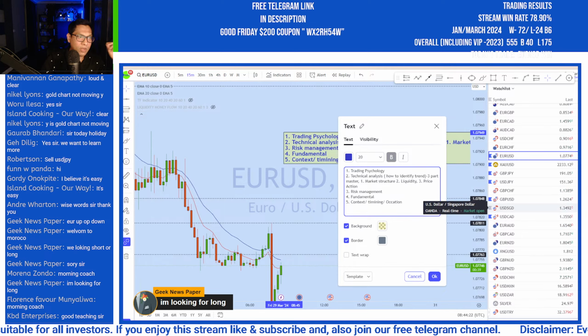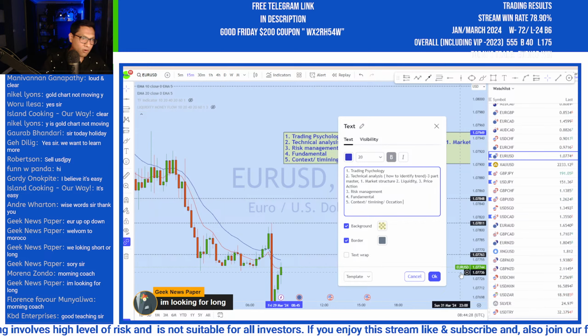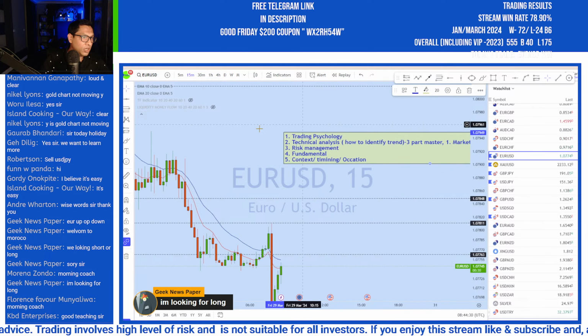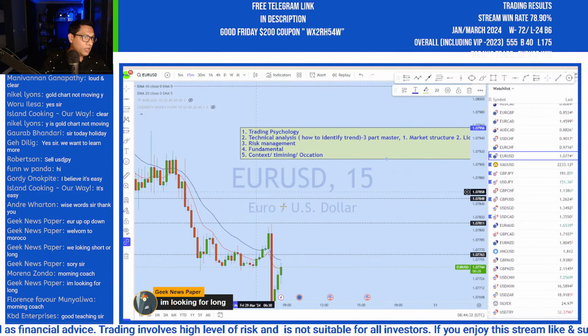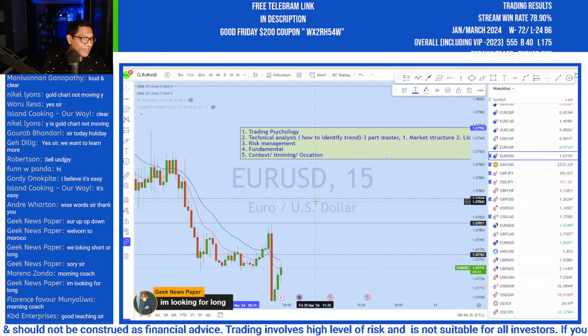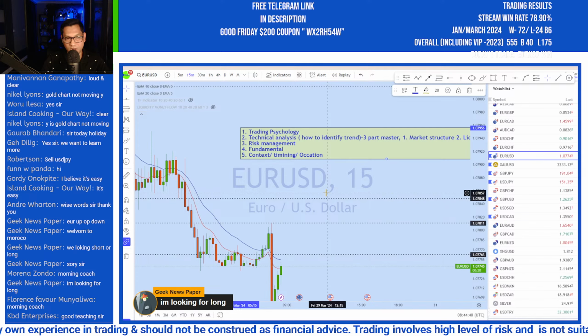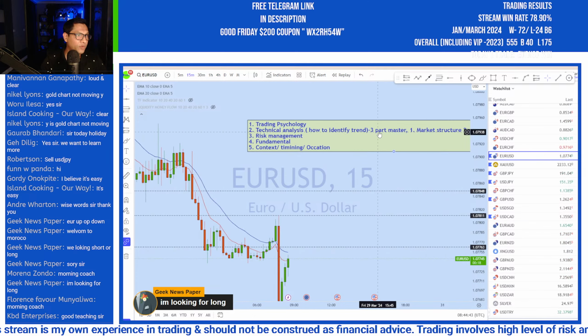That's the timing, context, and occasion that you need to know, exactly when to trade. So this is what you need to understand if you want to be a profitable trader, guys. Make sure that you take a screenshot of that, master that, and become a consistently profitable trader, right?